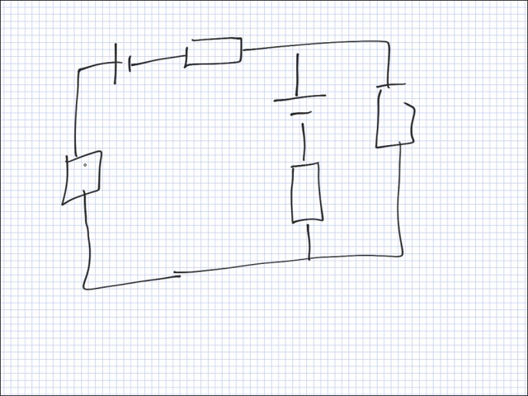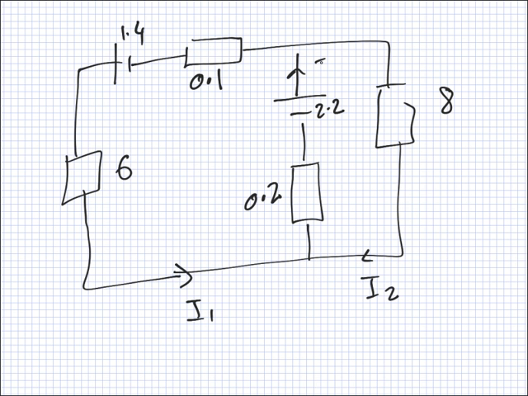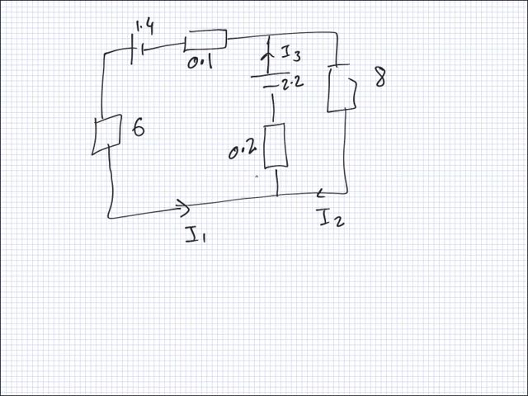What's wrong? 6, 0.1, 0.2, 8. And then this one here is 2.2 volts, 1.4 volts. And this way is I1, and this way is I2, and this way up here is I3. Okay? So let's start with a junction here.